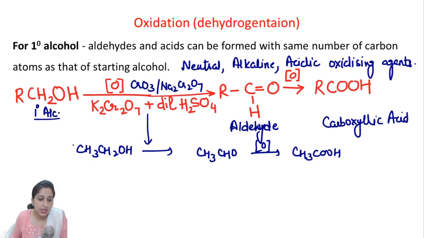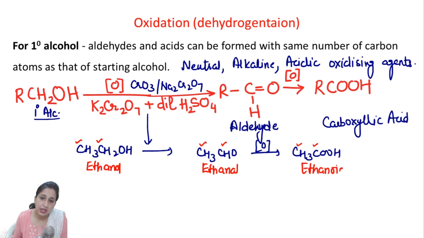So look, we started with 2 carbons. The aldehyde again has 2 carbons and the acid also has 2 carbons. So this is your ethanol, this is your ethanal and this is your ethanoic acid. Means in case of 1 degree alcohols, both aldehydes as well as carboxylic acids have the same number of carbon atoms as that of the starting alcohols.